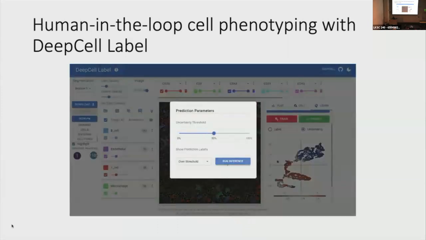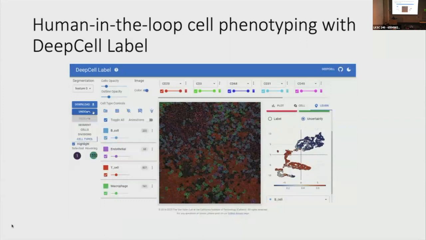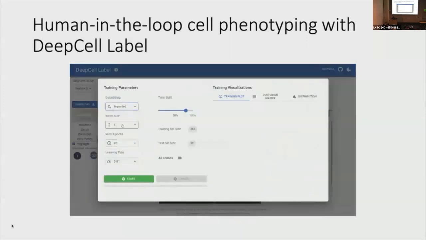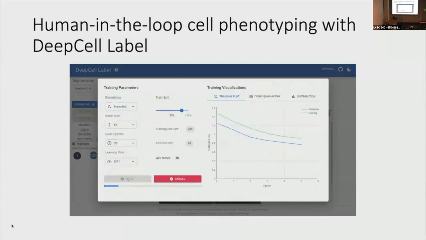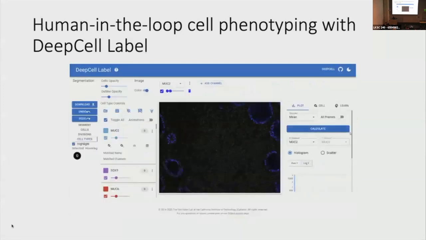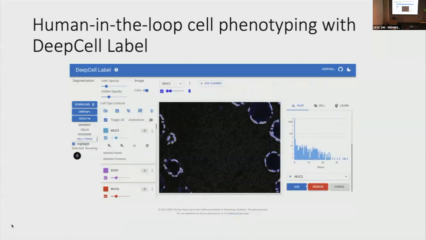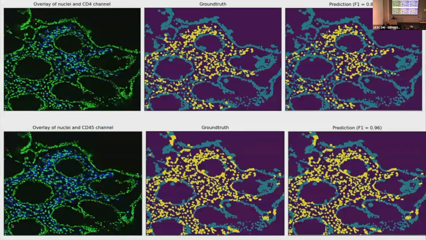When the model is uncertain, you can zoom in specifically on those cells, correct them, and add them to the training data in this iterative way, plowing through different fields of view. We have modes of this for cell type classification, and variants for the marker positivity cell phenotyping problem as well. This is ongoing work, but the early outputs are quite promising.